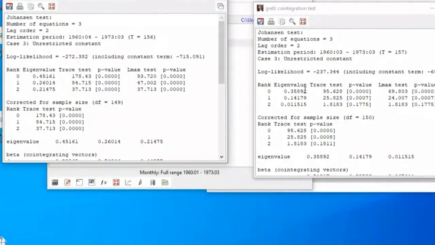So the first eigenvalue will be the maximum, the second one will be the second maximum, and so on. They will decrease in order. The JJ test is based on the eigenvalue. That's why Gretl is reporting the eigenvalue also.